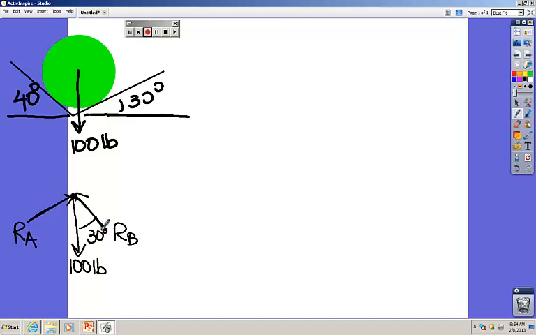Now those are at angles that are equal to the angle of the inclined plane, but that angle is from the y-axis. Remember, the angle from the y-axis is not usually the angle that we want to deal with. So that means that the angle from the x-axis for RB is 60 degrees and for RA is 50 degrees.